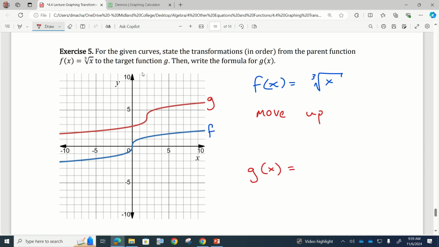Move up how many units? 4. And then we're also going to move 2 units right. So what does this formula look like? X minus 2 plus 4.